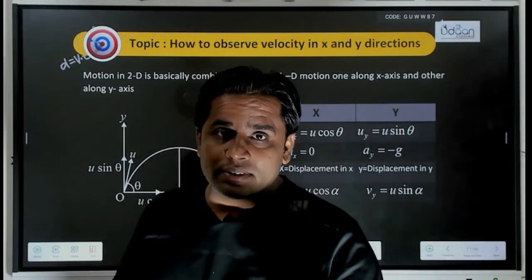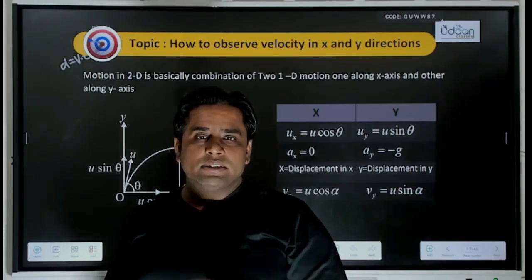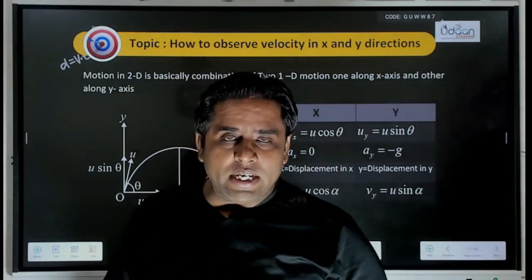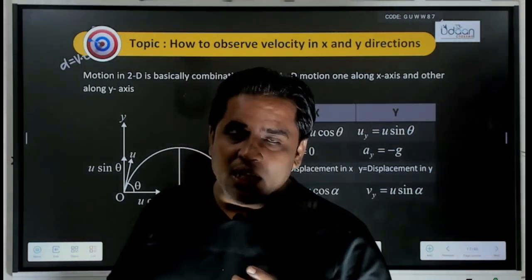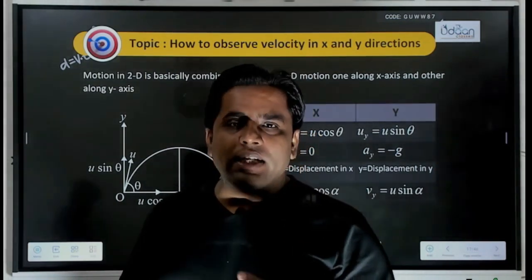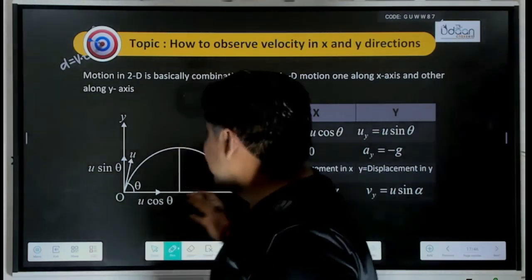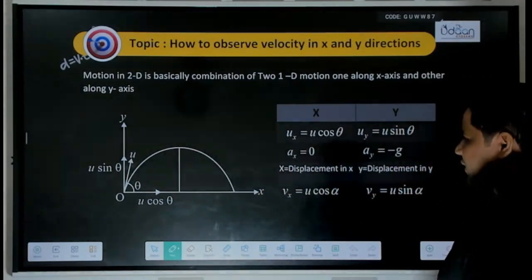And if either axis shows constant acceleration, on that axis you consider uniformly accelerated motion and apply the equations of motion accordingly. So this is the part which we are now seeing.